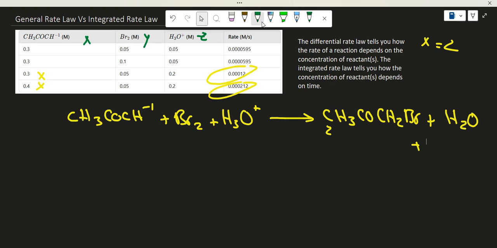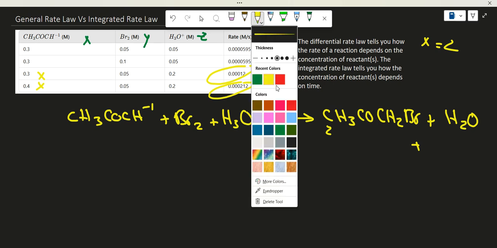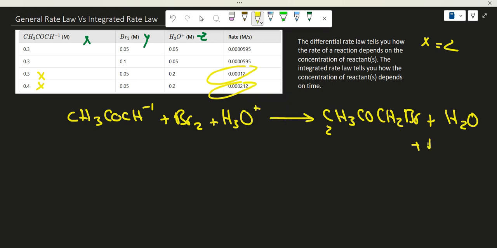And now we're going to solve for Br2, which is y. Hope you can see that mentally: Br2 will be the first and the second trial, because it is different and they want the others constant in these trials.